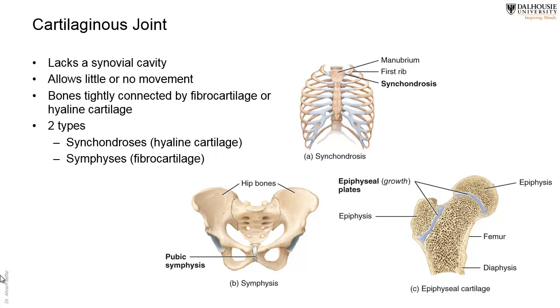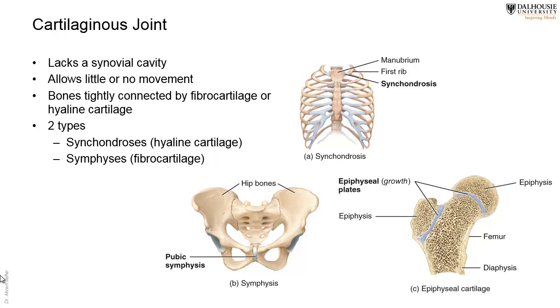And this cartilage is actually a hyaline cartilage. And here again, the costal cartilage is hyaline cartilage. But the other type of cartilaginous joints are called symphyses, like the symphysis here, where the cartilage is fibrocartilage.